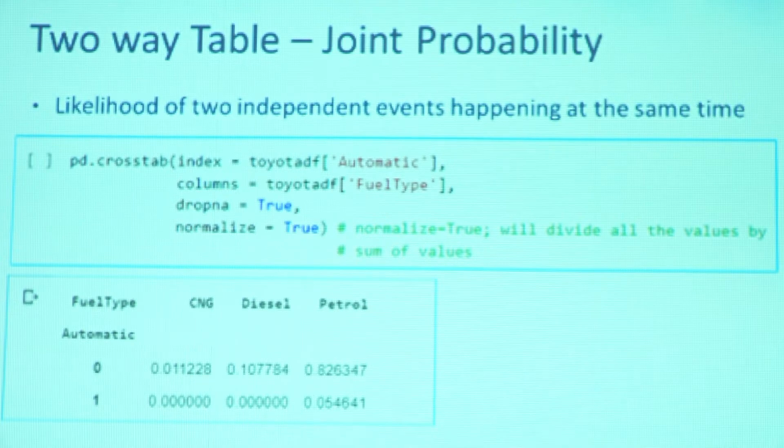Okay. So with it, what has come into the picture? What inference have you got? What was my question? Can I have an automatic vehicle with a petrol model? You have the answer on the screen. Very low probability. But then you can go for a petrol model with a manual gearbox.